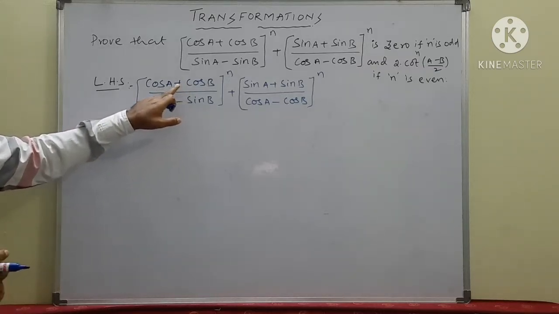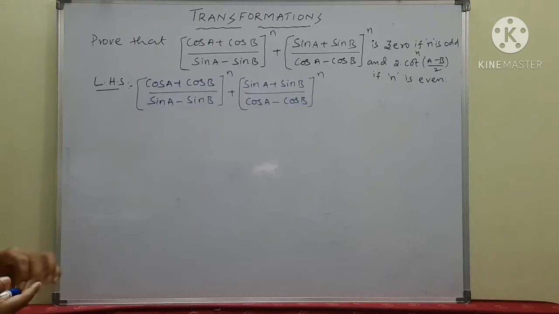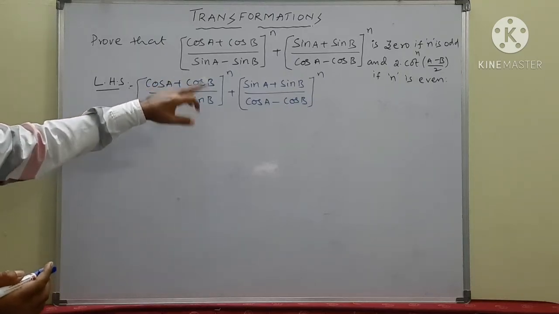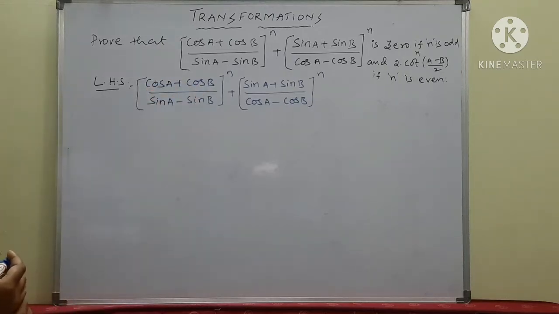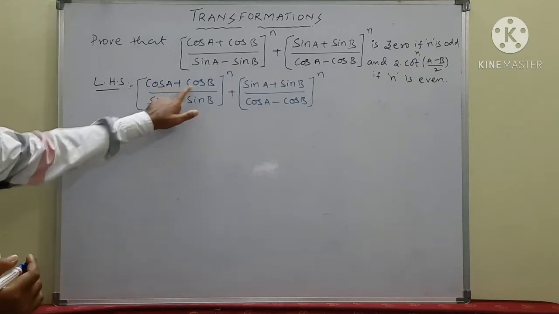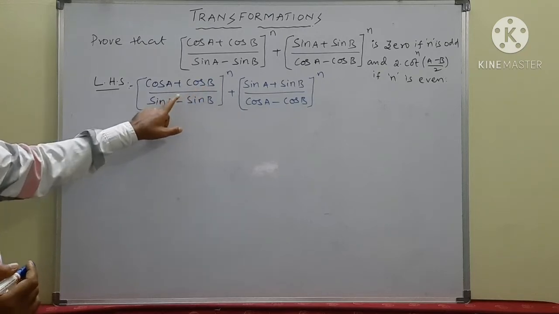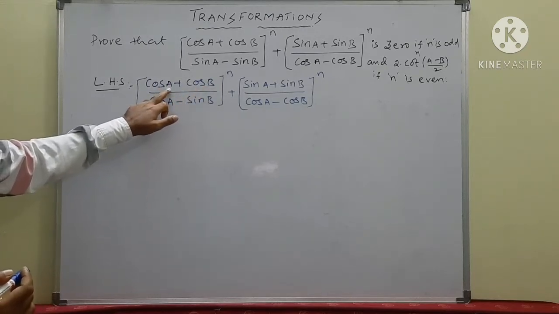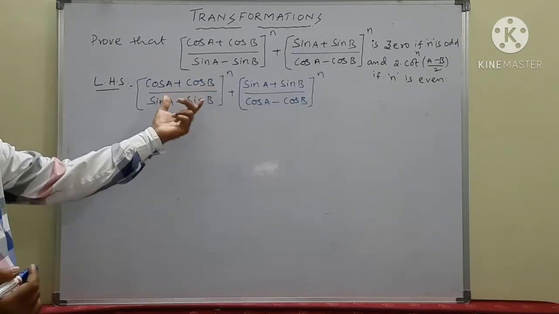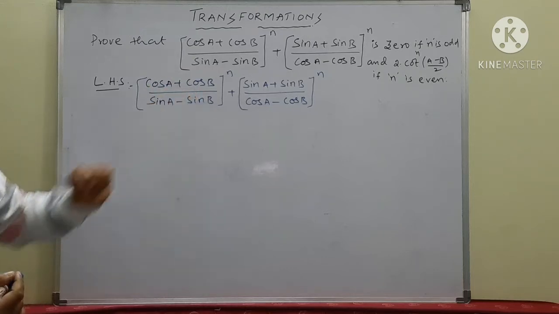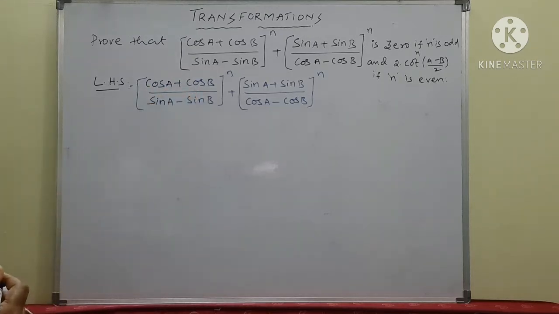See, first one is cos C plus cos D. This is just like cos C plus cos D, but the only thing is, instead of C and D, we have here again A and B. And don't think that this is equal to cos of A plus B or cos of A minus B. Please take care. A and B, just like cos C plus cos D.